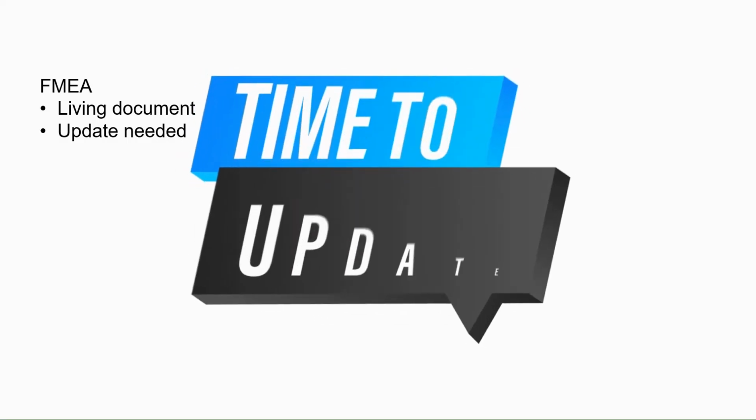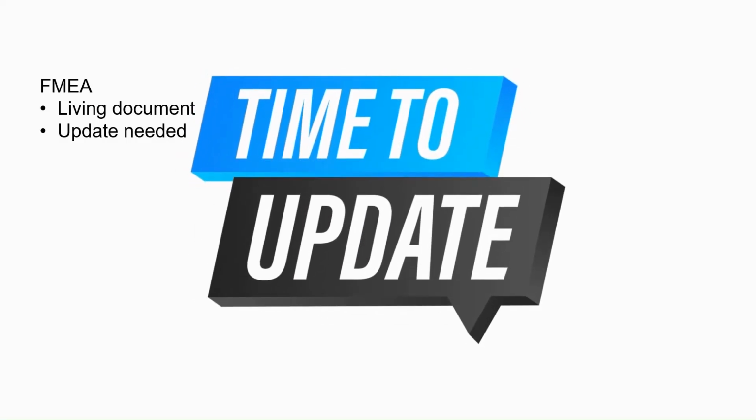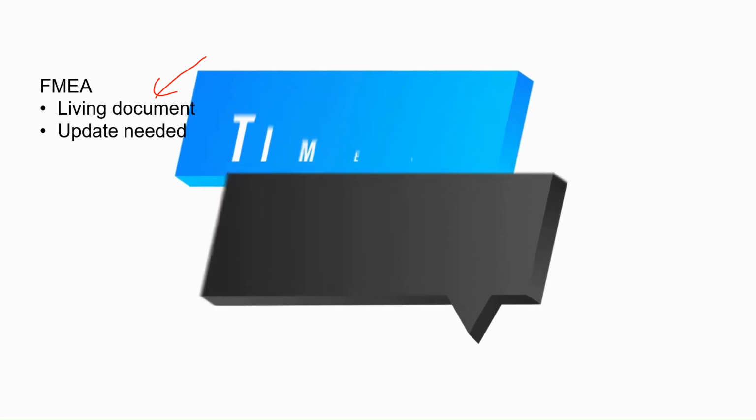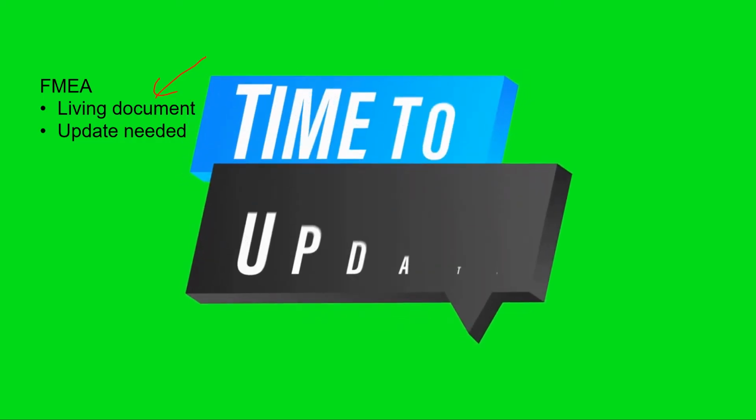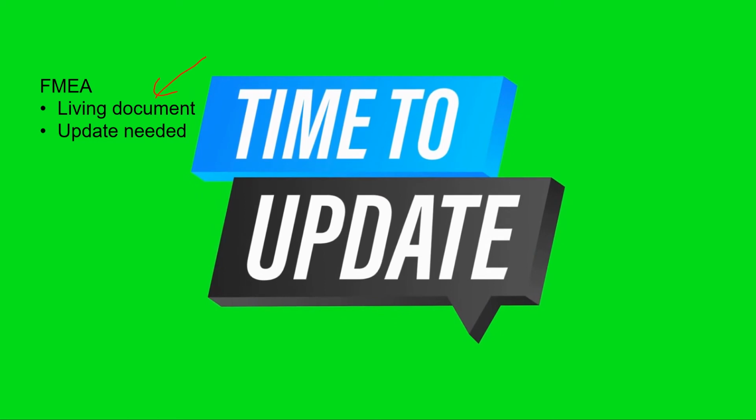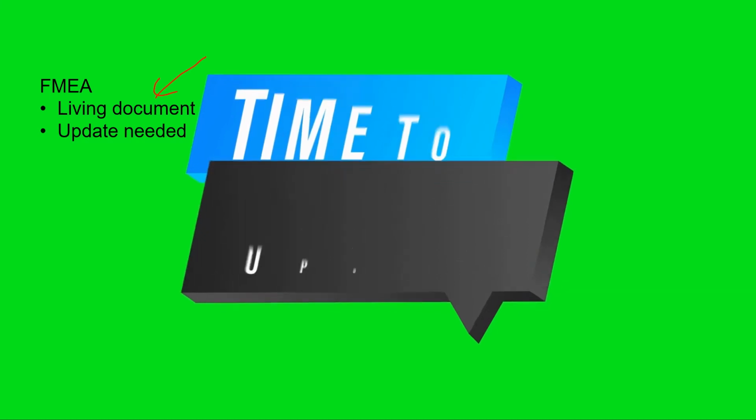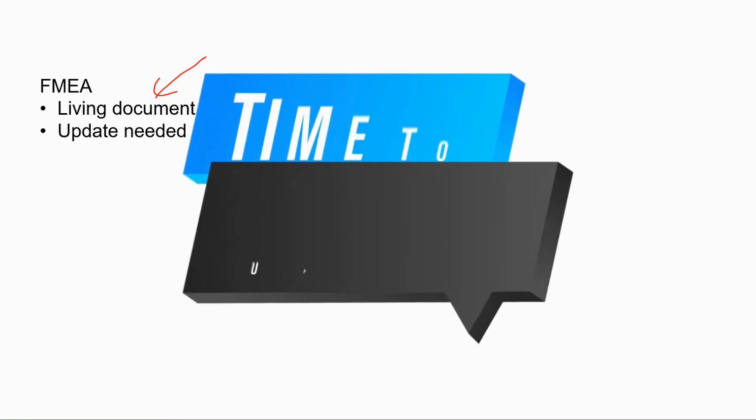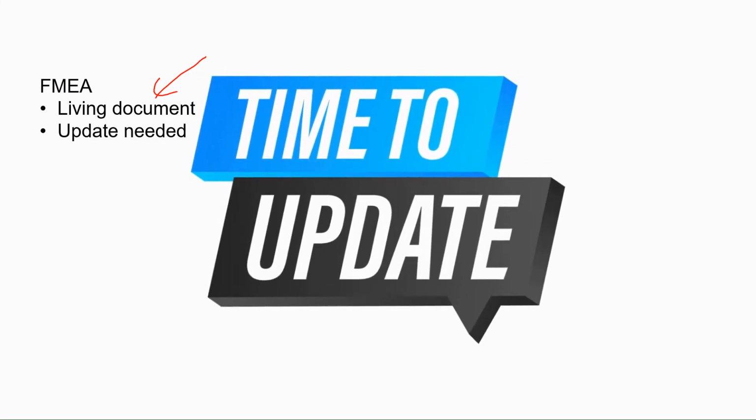Do bear in mind that an FMEA is a living document and updates are needed to capture the latest changes and the latest potential risks. Therefore, it is very important that the FMEA document gets revisited whenever there are changes.